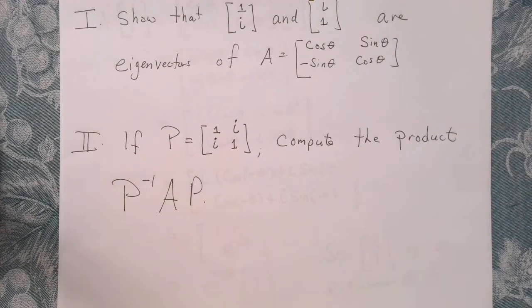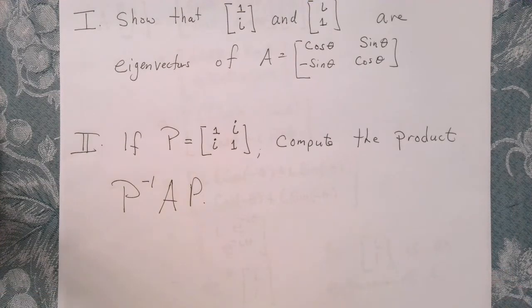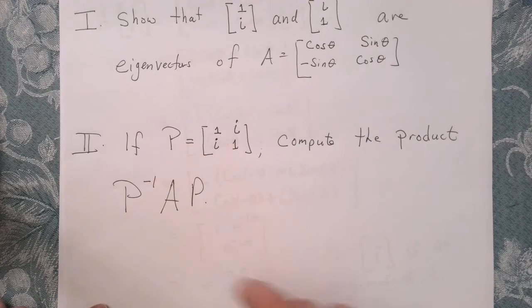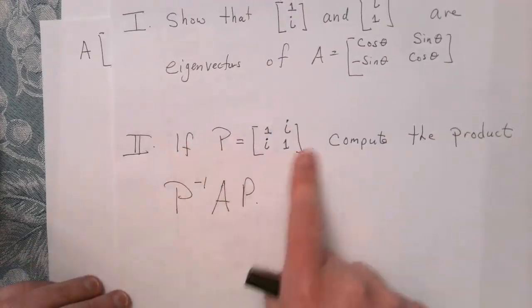Since these are eigenvectors, this will give us, with proper algebra, a way to diagonalize A if we're careful. We're not going to take it all the way; we'll have a diagonal matrix, but maybe we'll just leave it at this product. But keep that in the back of your mind. So with that said, let's go ahead and work on part 2.